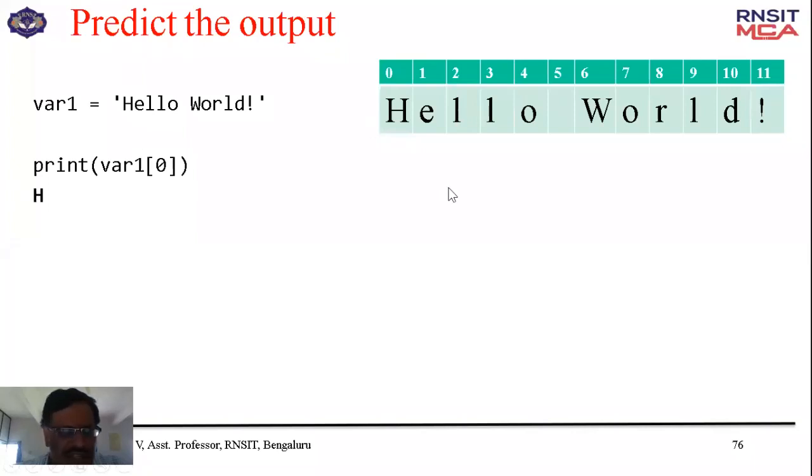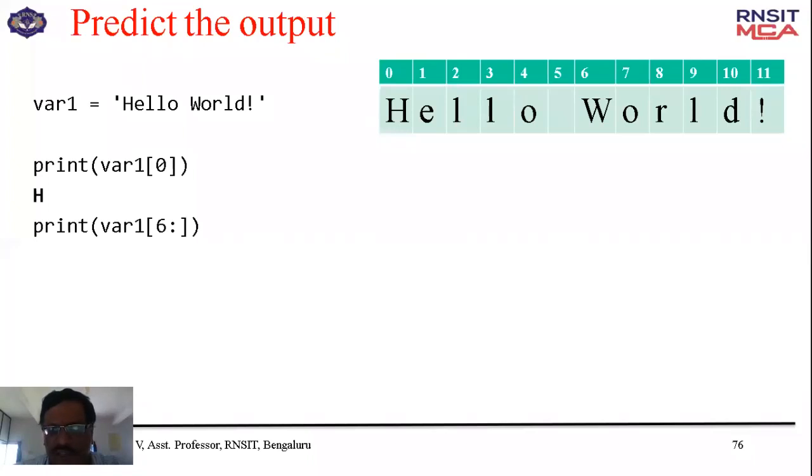Next, 6 colon. I have not given the ending. If I don't give the ending, what is the default value it is going to take? The end value. It starts from the 6th character and goes up to the last.